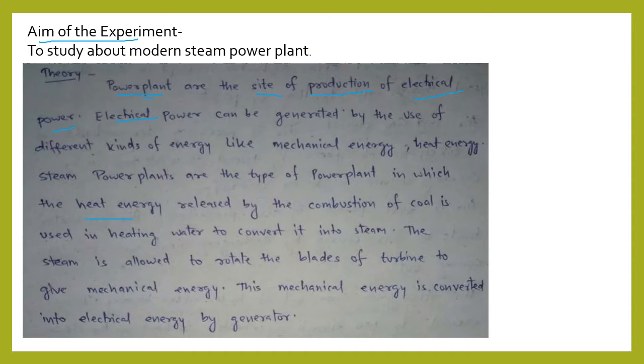That heat energy is used to convert water into steam, and that steam is utilized to rotate the blades of the turbine. That rotational mechanical energy is given to the generator, and the generator gives electrical energy.